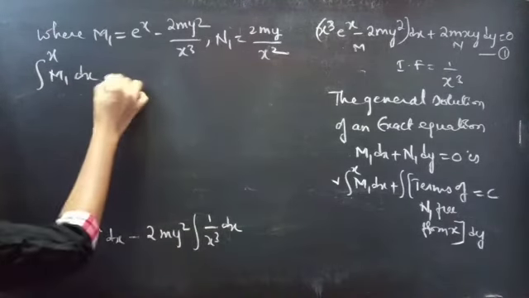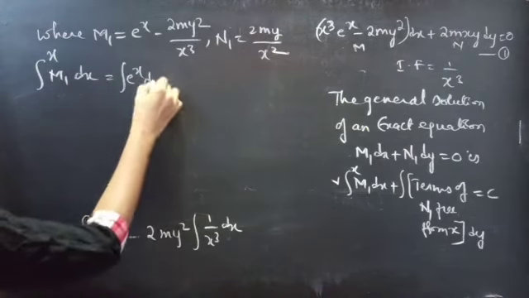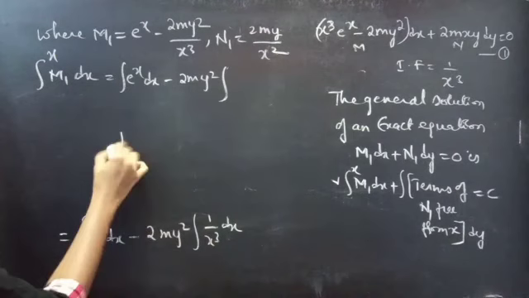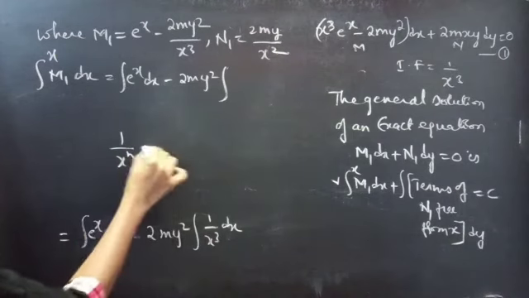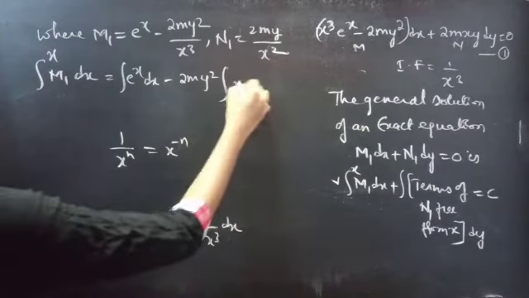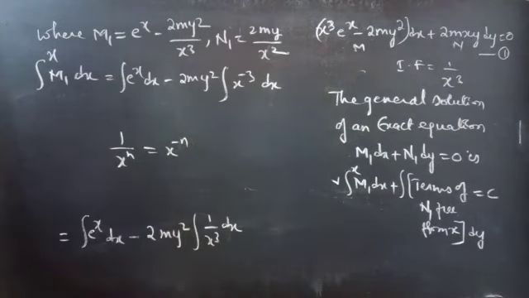This equals the integral of e power x dx minus 2m y square into, since we know that 1 by x power n equals x power minus n, you can write 1 by x cube as x power minus 3 into dx.